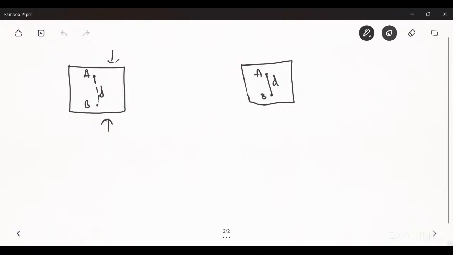And plastic bodies are those in which, when we apply a deforming force, the distance can be changed, but after removing it, they cannot regain their original shape and size. This is known as the plastic body. Okay, so elastic body is clear. Plastic body is clear.